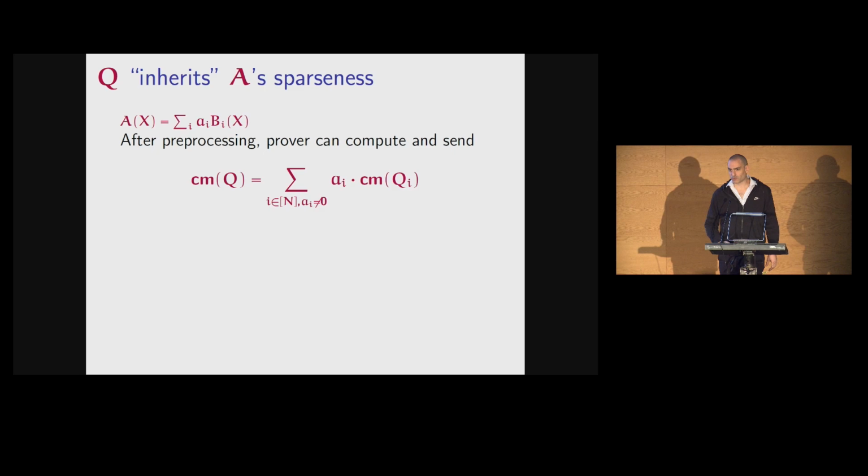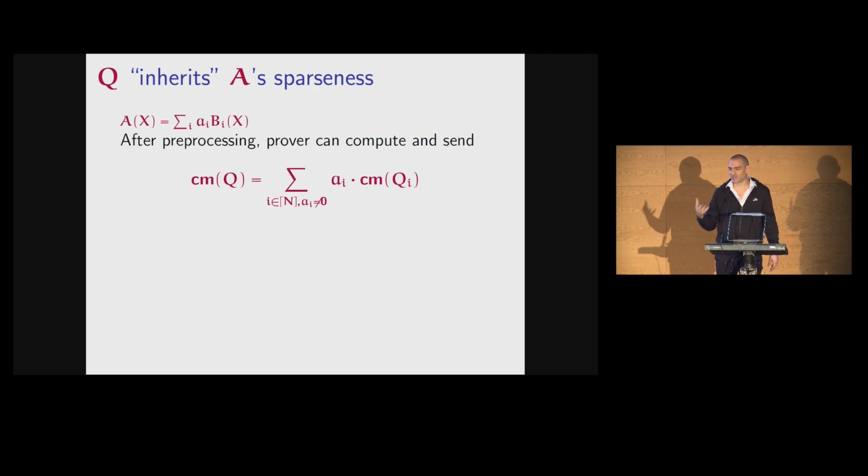So basically, the reason we can do this is that, a technical way to say it is division is a linear operation, or another way to say it is that Q is going to inherit A's sparseness. If A's sparseness was in this BI basis, Q's sparsity is going to be in this QI basis.